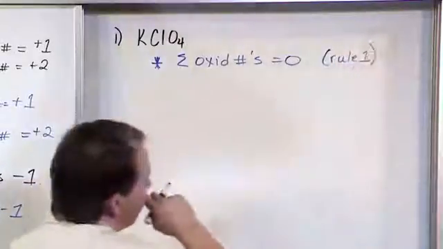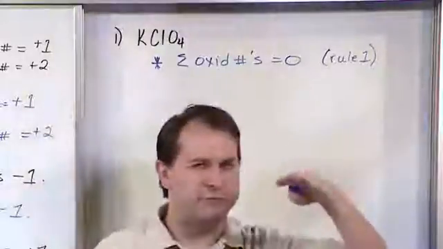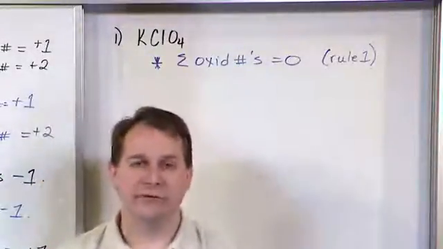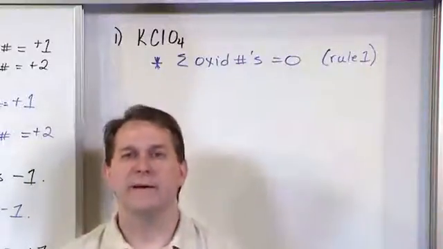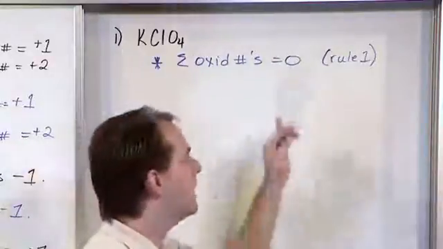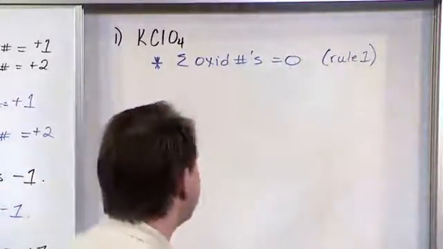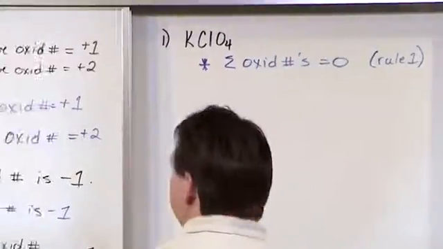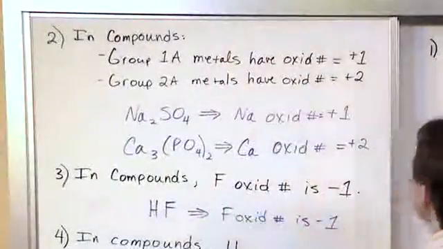This is not something you have to do, but I'm going to write down what I'm doing and put the rule that I'm using, so that if you're on a test and the teacher sees that you know what rules you're using, you can get some partial credit if you don't get the final answer correct. Plus, it also reminds me of what I'm doing. So I've done rule number 1, and then I go down and look at rule number 2. Does rule number 2 apply?